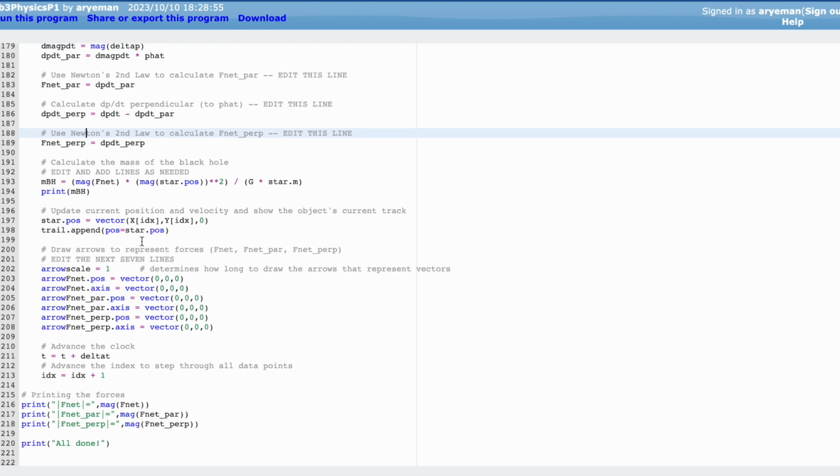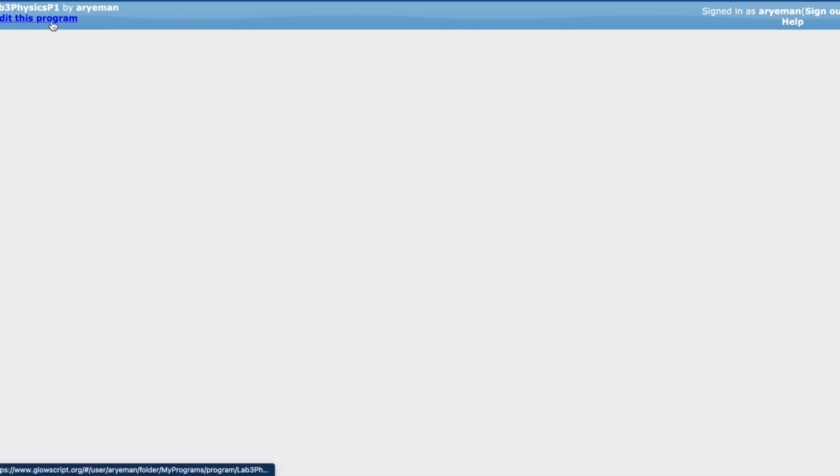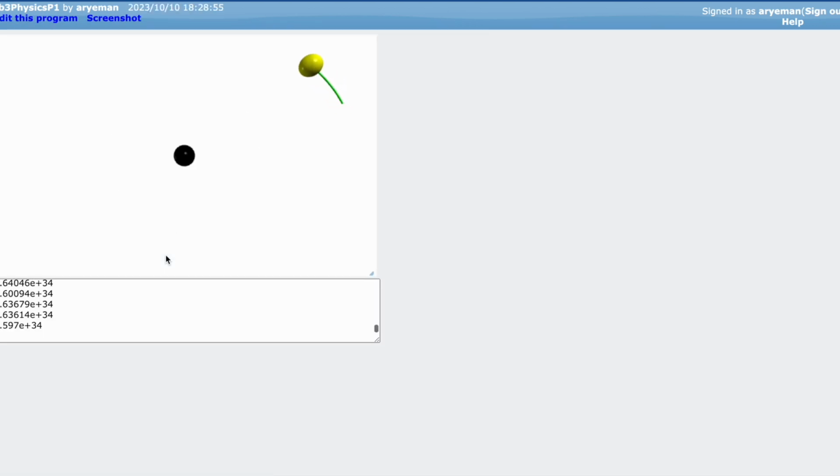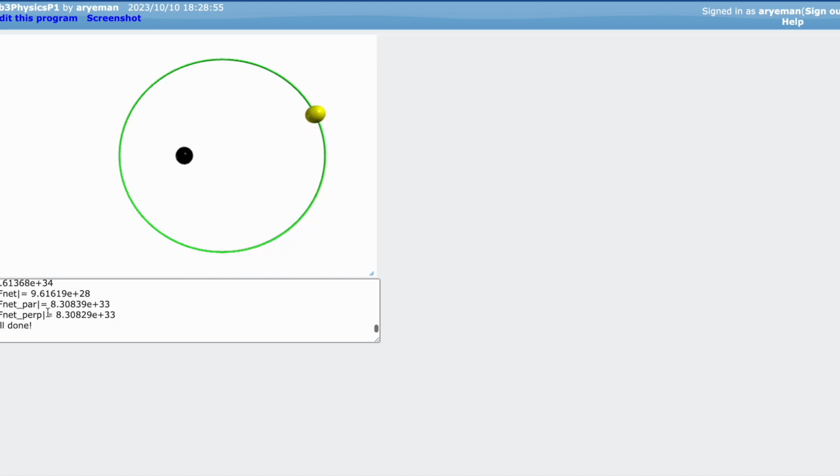Once we do all of that, it'll print a bunch of values that indicate the mass of the black hole. The mass of the black hole was found using F equals GMm over r squared. We just reorganized that for M to be the focus, which I'll show in the program real quick. We get a bunch of different mass values up here. All I did was average them out and get that final value.